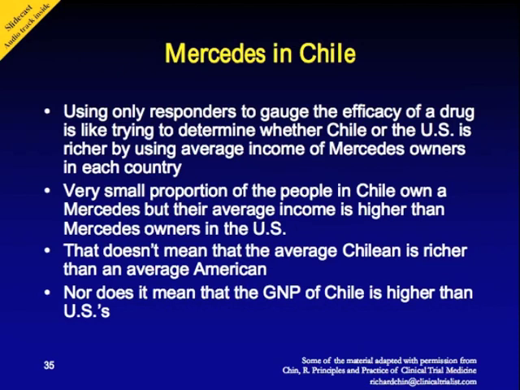Now, of course, this is because the average buyer in Chile, which is a very small portion of the population, is richer than the average buyer in the United States, because the income disparity is so much higher in Chile that the rich there are very, very rich, but the poor are very poor. So when you look at the comparison between income of one subgroup versus another subgroup, but those subgroups are different, you can be led to erroneous conclusions.